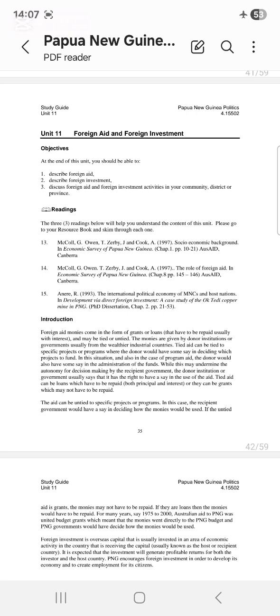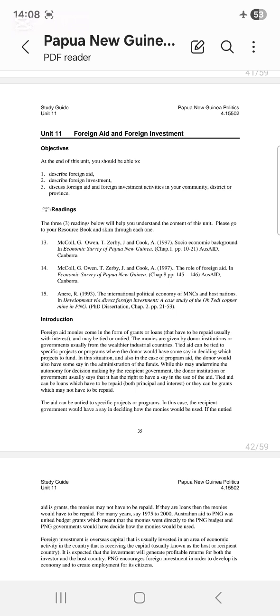So as a way of introducing this unit, we look at the objectives. The three objectives are very straightforward. In order to understand foreign aid, we have to describe what foreign aid is. All right, what is foreign aid? Now, foreign aid is not the same as foreign investment. Foreign investment is different from foreign aid. So the second objective is to describe what foreign investment is.